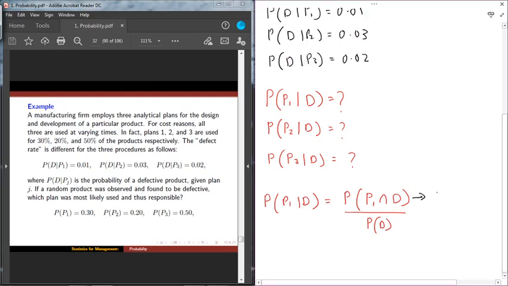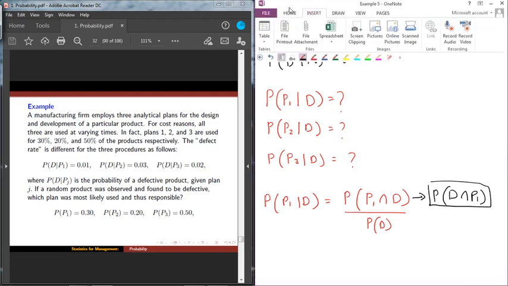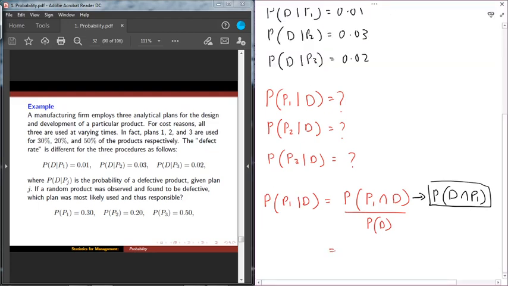This part I can write it as P1 D over PD, and this is actually the probability of D given P1 times P1, over PD.